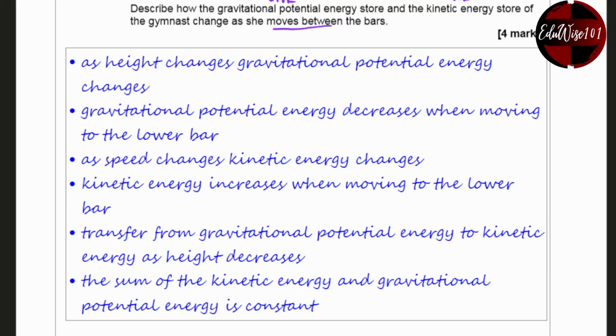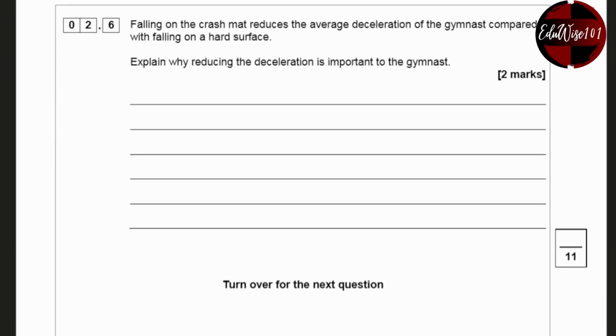Next question. Falling on the crash mat reduces the average deceleration of the gymnast compared with falling on a hard surface. Explain why reducing the deceleration is important to the gymnast. Now, the crash mat helps the gymnast slow down.